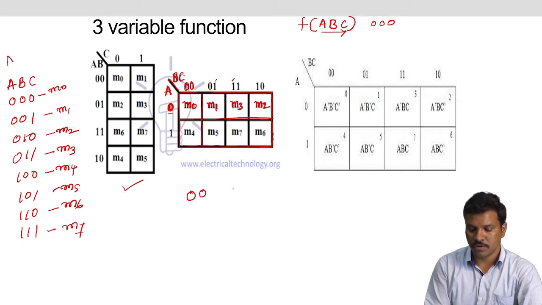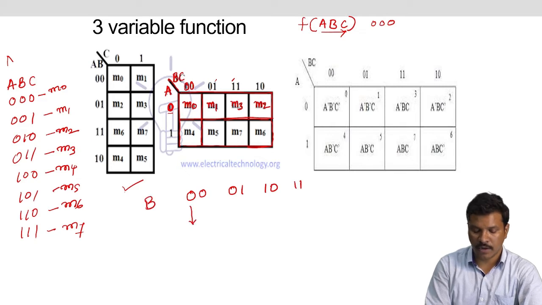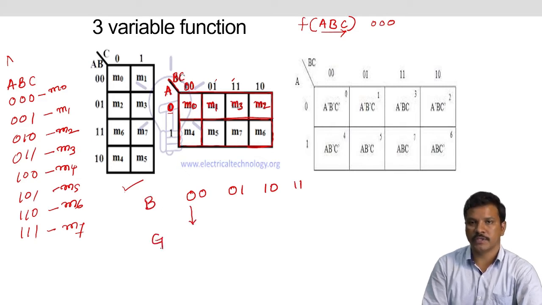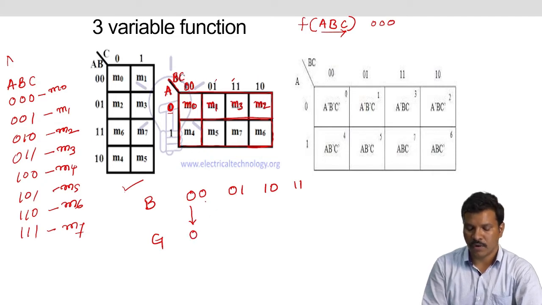Binary to gray conversion of 0 0, 0 1, 1 0, 1 1: MS bit 0, and the XOR operation with the neighboring bit is 0. Then MS bit 0, its XOR operation is 0 1. Then 0 1 1, and take the MS bit as it is, 1.